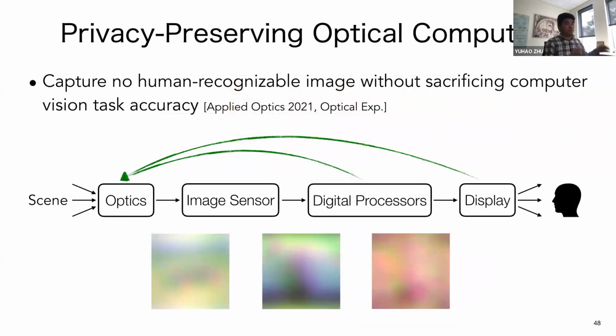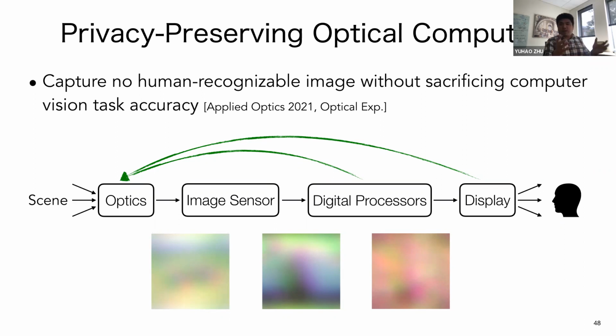I won't really have time to talk about the third component, but I'll go over it at a very high level, maybe using one slide. This is what I call privacy preserving optical computing. The idea is to capture no human recognizable images without sacrificing computer vision task accuracy.